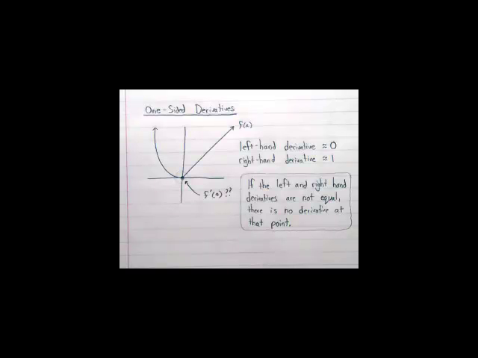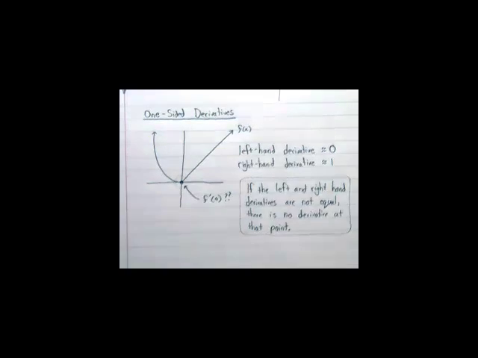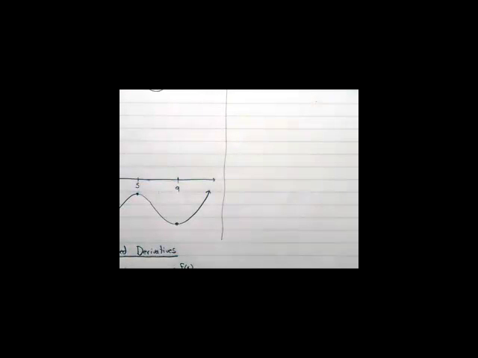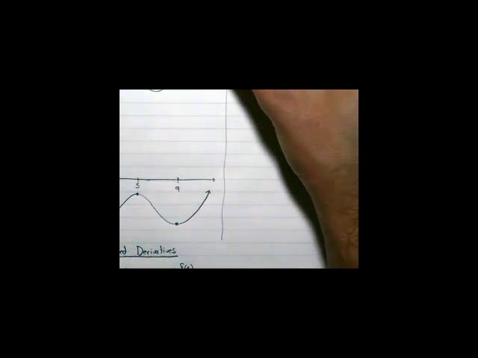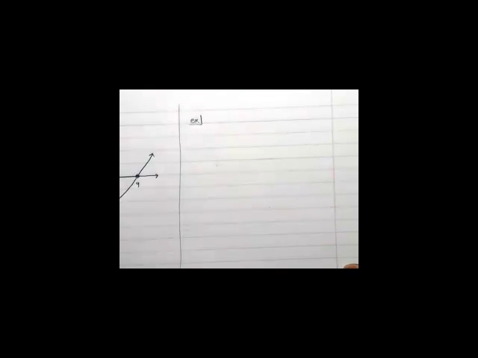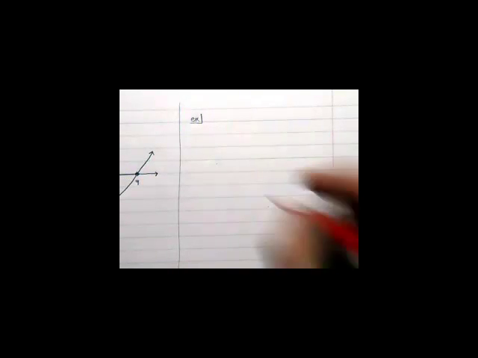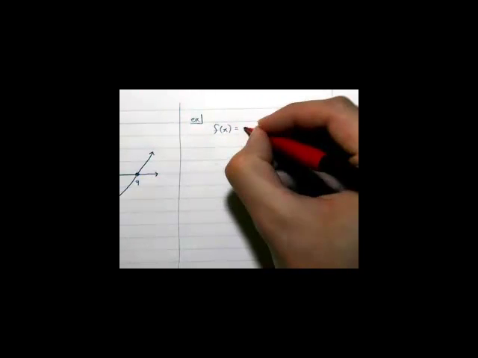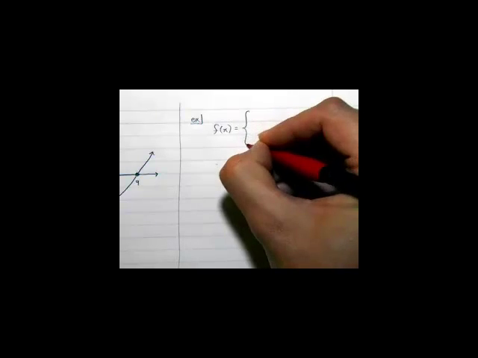So let's try this once. I'm going to come up over here where I've got some more room. And we'll calculate some one-sided derivatives. Okay, so let's say we've got f of x. It's defined in two pieces.